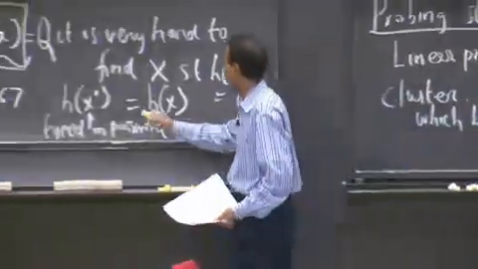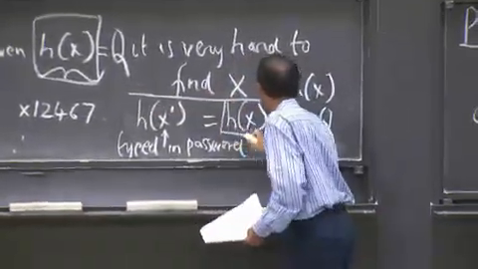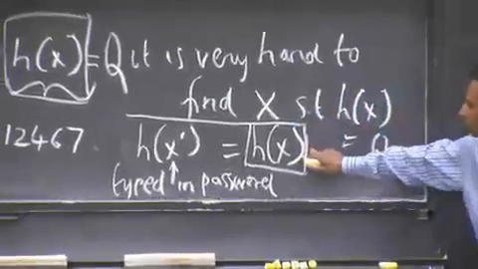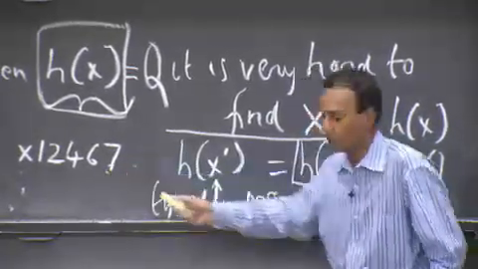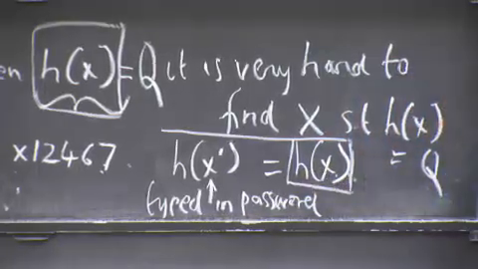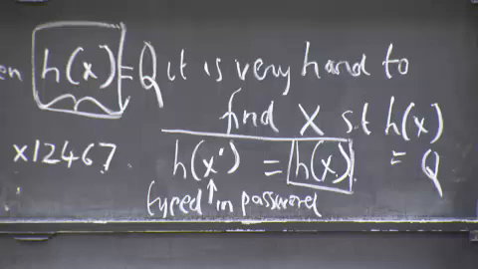It doesn't need x because h of x is stored in the system. So it computes the hash again, compares against what I typed in, and would let me in if these things matched, and would not let me in if they didn't.